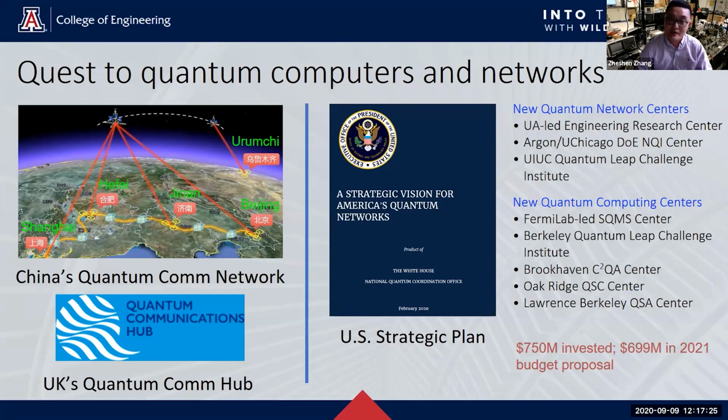But we also have other centers at other universities and national labs to work on different aspects of quantum computing and the quantum networks. So the investment has been 750 million last year, and the projected investment in the next fiscal year is around 700 million as well.